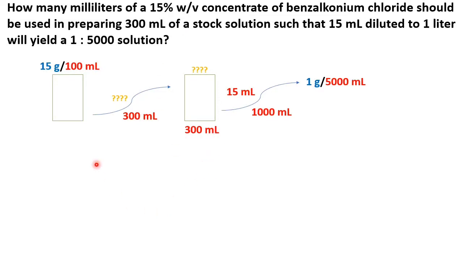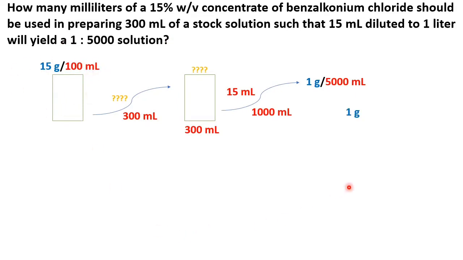Looking at this solution, its concentration is expressed in grams per 100 milliliters, and this solution here, its concentration is expressed in grams per 5,000 milliliters. So we should first convert the concentration of this solution from grams per 5,000 mls to grams per 100 mls as this solution.